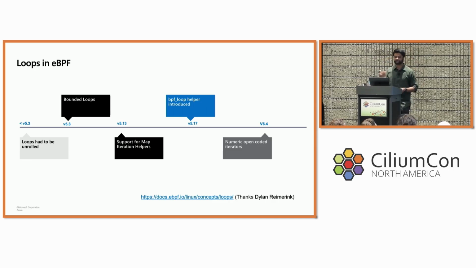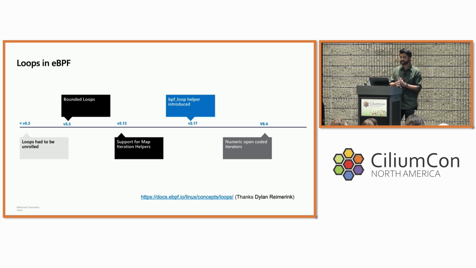But in 5.3, we have something called bounded loops, where you don't have to unroll them, but now the complexity is on the verifier to verify the entire loop. So even though you could write programs that are not unrolled, the verifier is still doing a lot of heavy lifting, so it was very easy to hit the complexity limits, right?